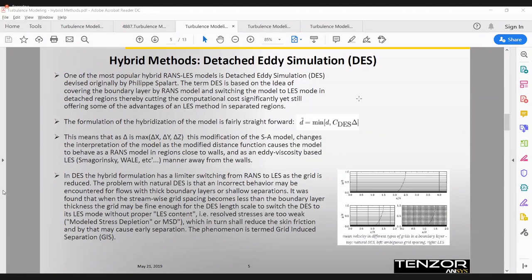But detached eddy simulation is not used, both because of the problem of grid-induced separation and the problem of model stress depletion. So we didn't quite have any solution until now, including the improved detached eddy simulation.